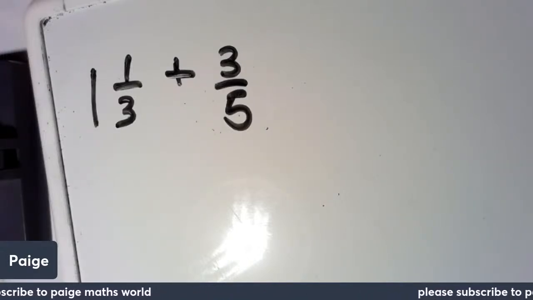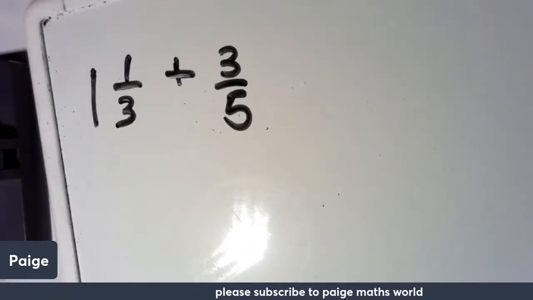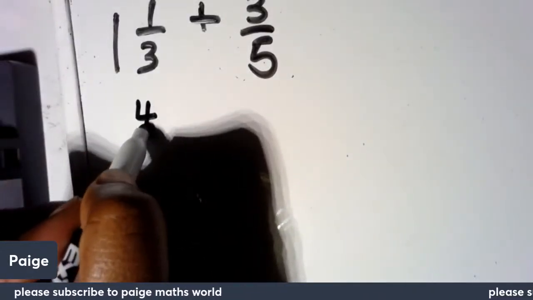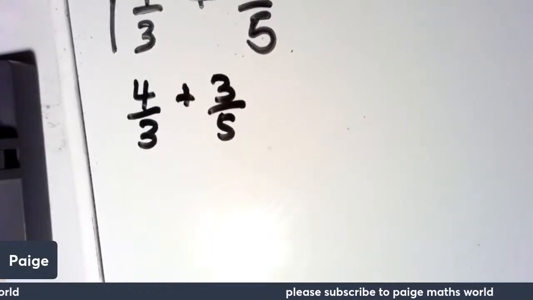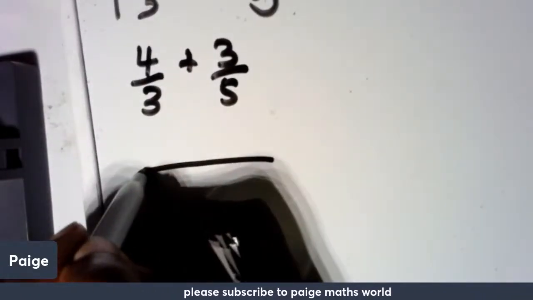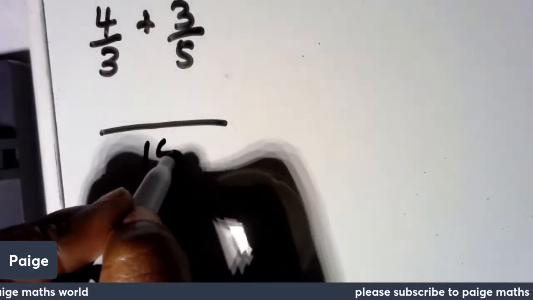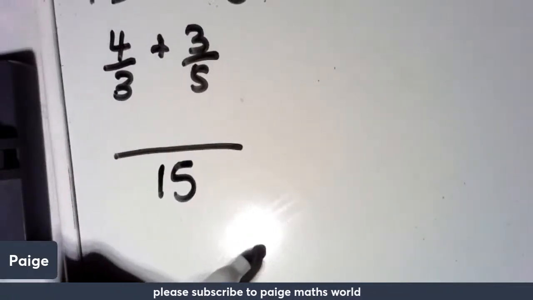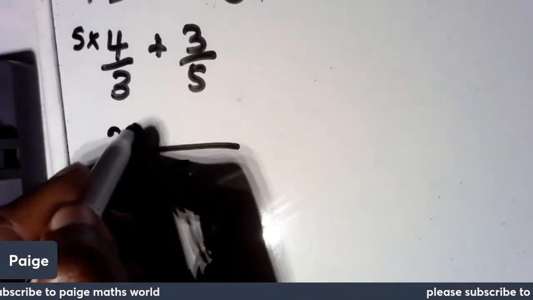All right, so let us work this together. 3 times 1 is 3, plus 1, 4. So we have 4/3 plus 3/5. Now we're going to look for the LCM. For those who don't remember, the LCM is the lowest common multiple. The LCM for 3 and 5 would be 15. 3 into 15, how many times can we get 3 from 15? 5 times. 5 times 4 is 20, plus.